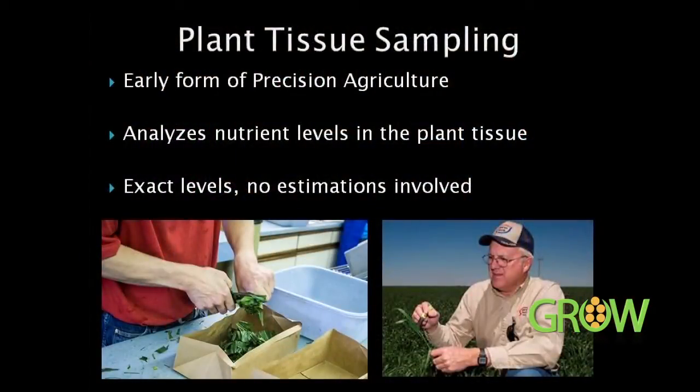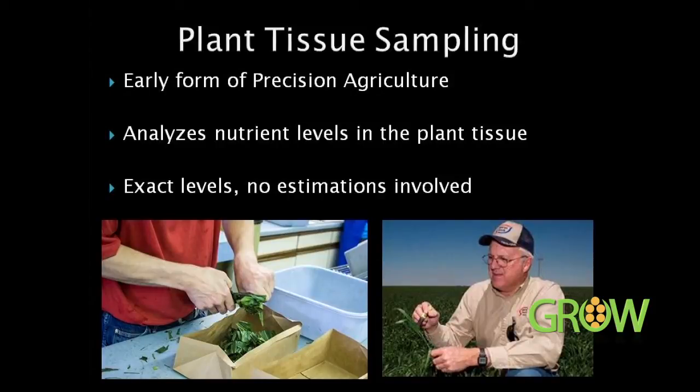So what is all involved with it when it comes to plant tissues? So tissue sampling, like I said, you're just basically taking pieces of the plant. Usually it's the youngest mature part of the plant, so a top leaf or something like that. It analyzes the nutrient levels in the plant tissue.